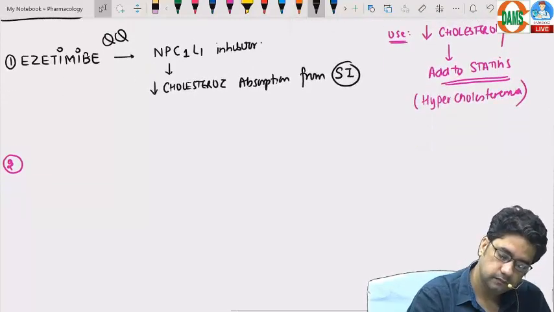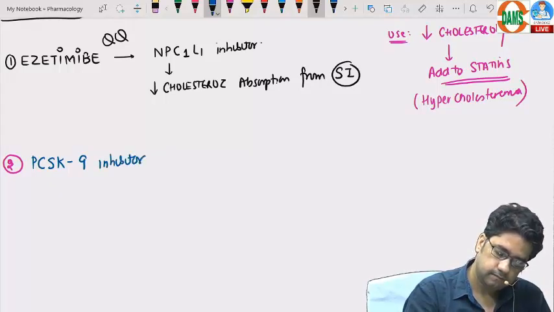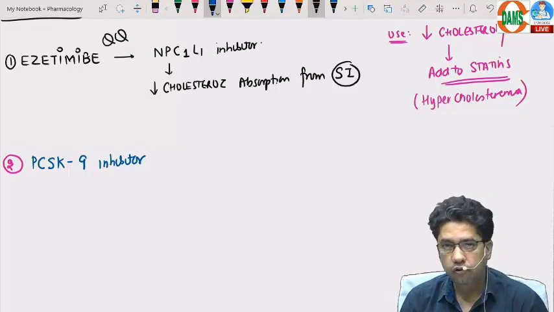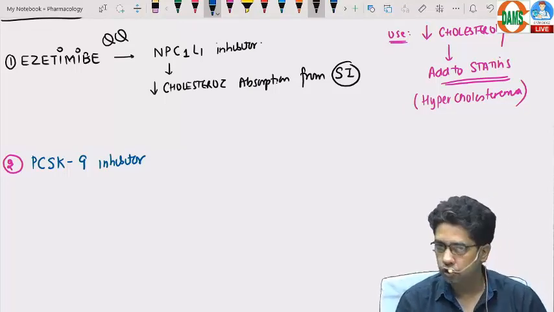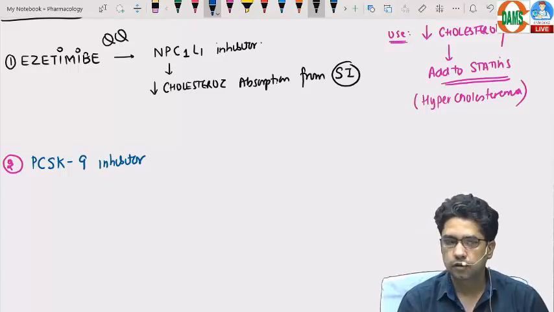ठीक है? Next drug, you'll write PCSK9 inhibitor. Full form of PCSK9 is not important and you cannot remember. ठीक है?